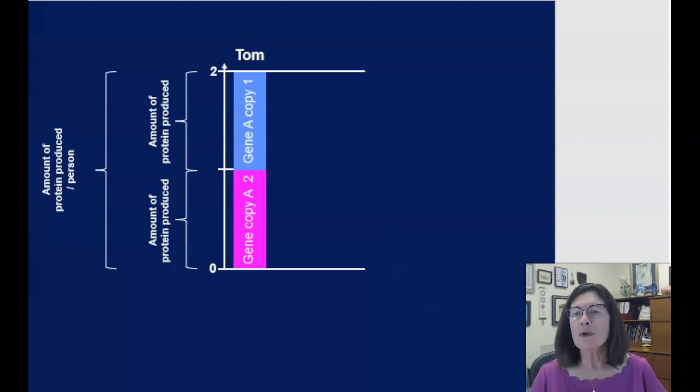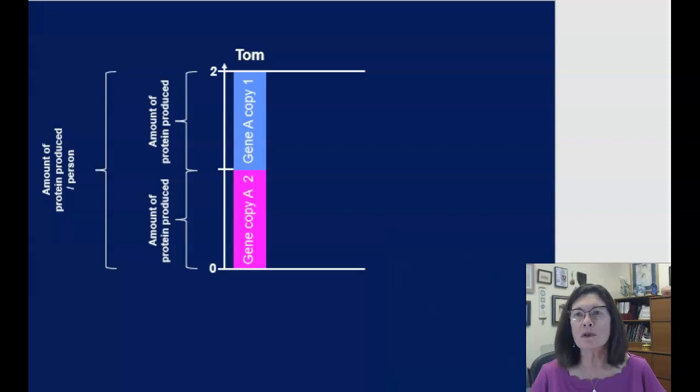And so here we have Tom, and he has 2 copies of gene A. The height of the bar indicates the activity of that gene. So he has 2 copies of gene A, so that's normal. They each are creating the optimal amount, the typical amount of gene product.